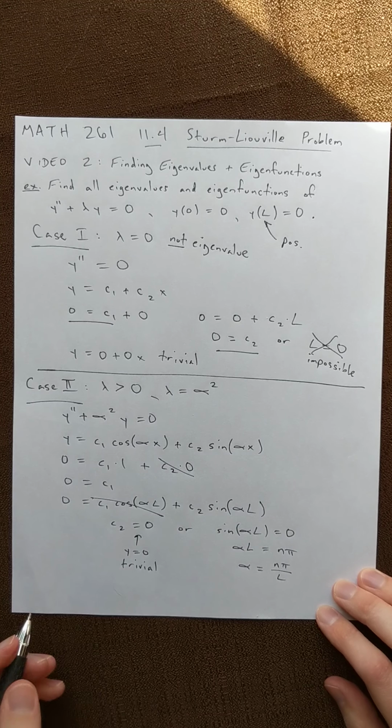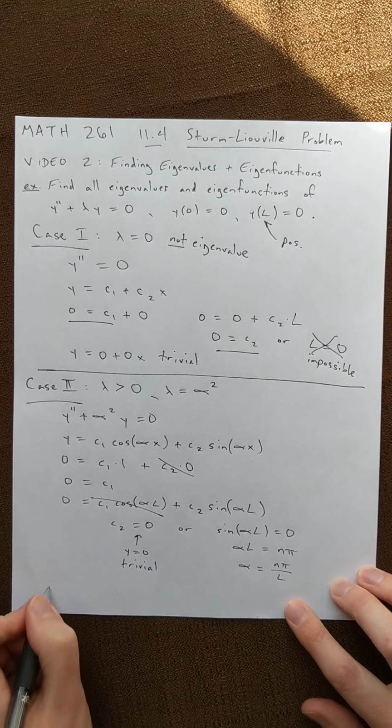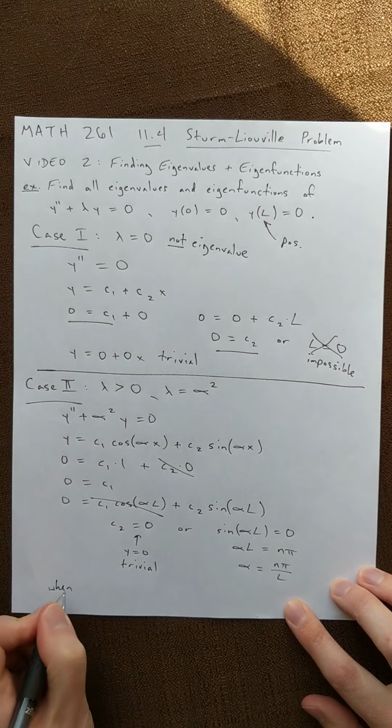So what this means is that when alpha is equal to n pi over L, we get lambda equal to n squared pi squared over L squared, which is going to be an eigenvalue.